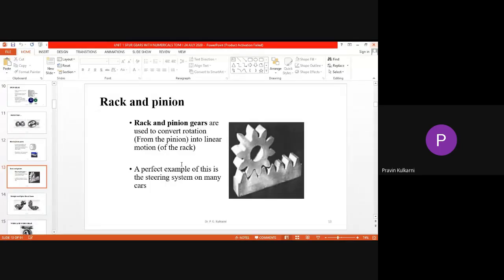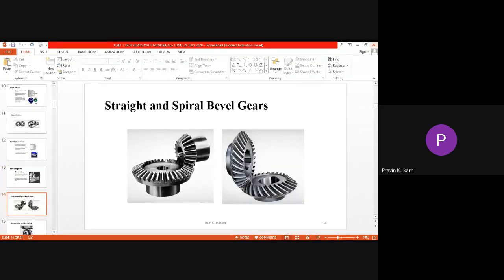In case of rack and pinion, the motion is converted from rotary to linear. In case of bevel gears, shaft angle is 90 degree. Bevel gears are used for connecting two perpendicular intersecting axis shafts.